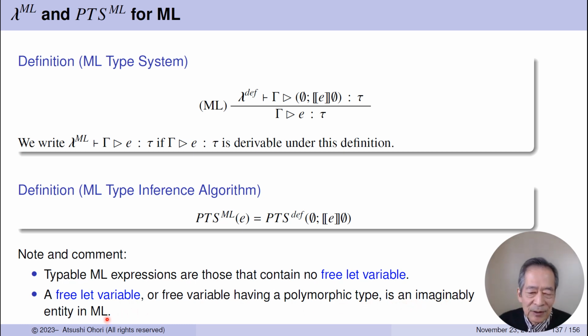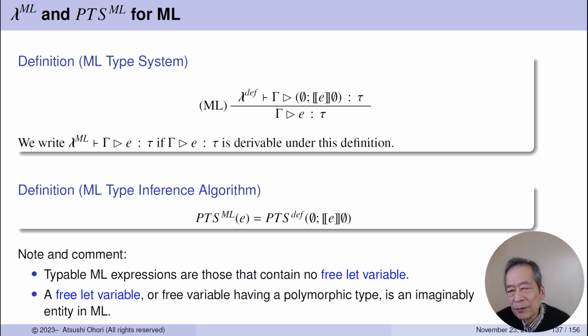That is one observation. In the second order lambda calculus, a free variable with polymorphic type is indeed a legitimate term, but in ML, that is a kind of imaginary entity. And that imaginary entity appears in the Damas-Milner system. That makes various things complicated. That's an additional comment.